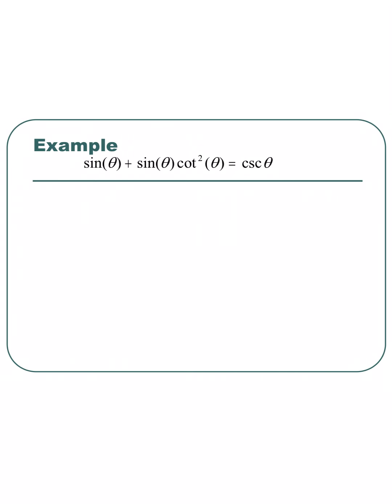All right, this one is a little bit more challenging. I do have a squared term, so I know sometime I'm going to have to use my Pythagorean identities. But I did notice those two terms both have a sine in them. So I'm going to start by factoring out a sine. And if I do, then I have 1 plus cotangent squared of theta. And I'm hopefully going to set that equal to cosecant. If I go back to my Pythagorean identities, 1 plus cotangent squared is going to equal cosecant squared.